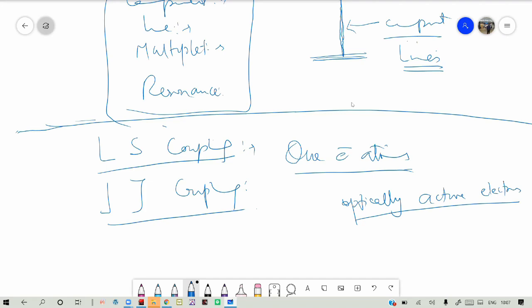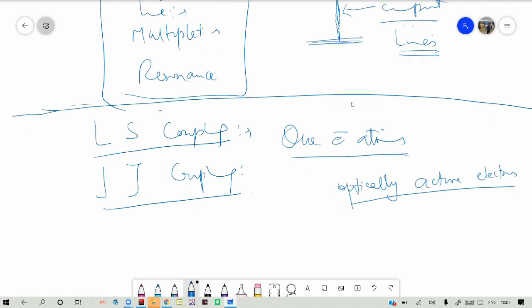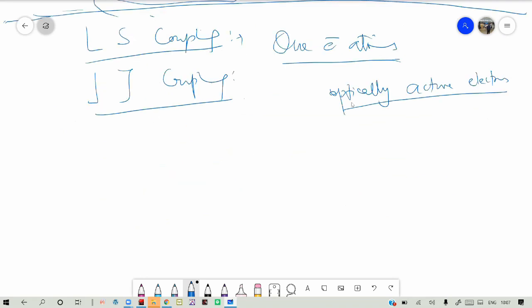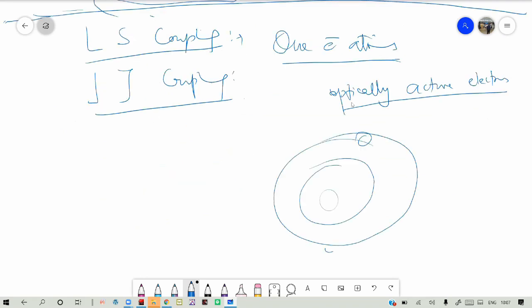And what about the other electrons? Actually, they are close to the nucleus core, hence tightly bound, so they do not interact much with the strength of the external signal, that means the energy. For example, if you have two electrons here, these two electrons are free.